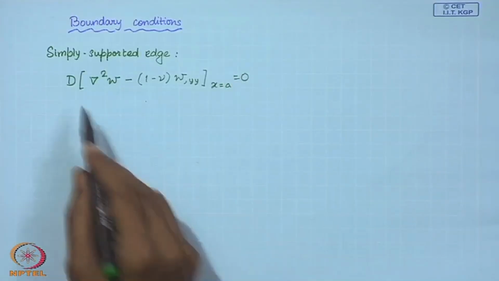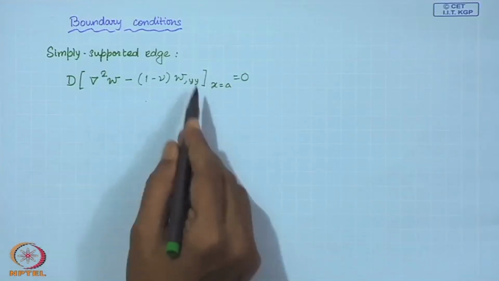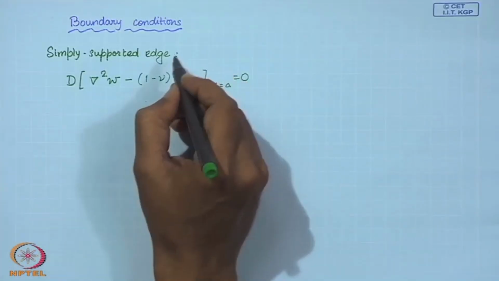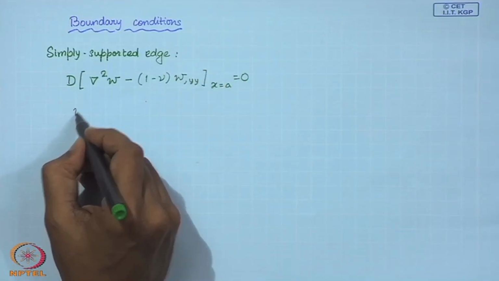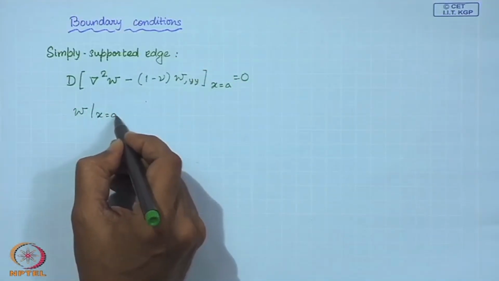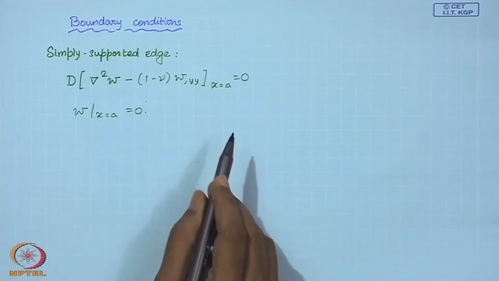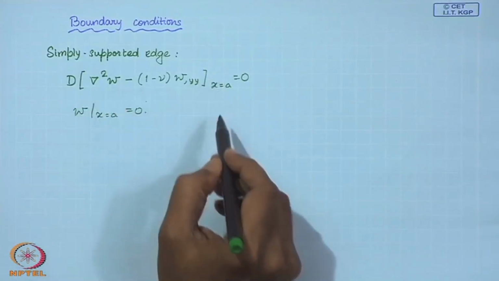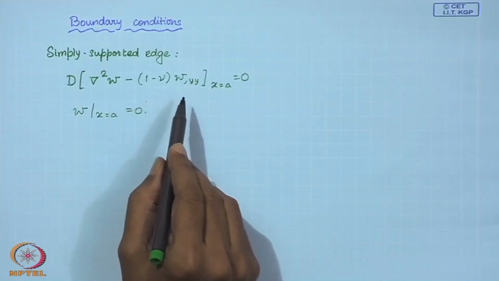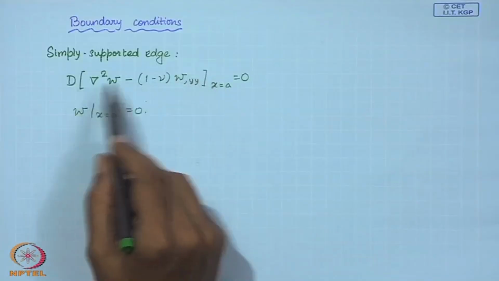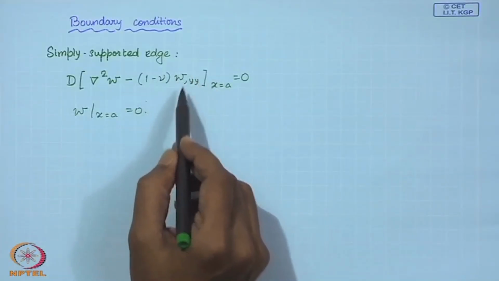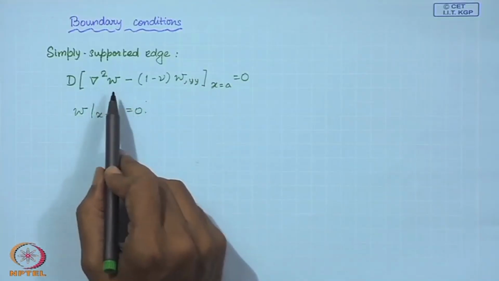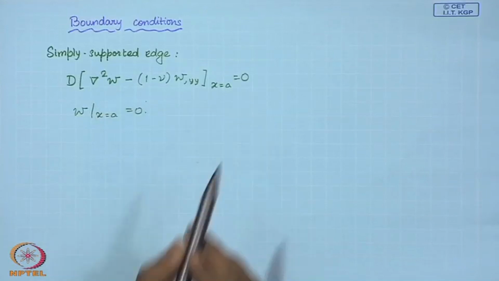For the rectangular case, this simplifies. So, this is the natural boundary condition. Along with this, in the case of a rectangular plate, this was a boundary condition. Now, because there is no variation with y at x equal to a, you actually get the second derivative with respect to x at x equal to a as 0.